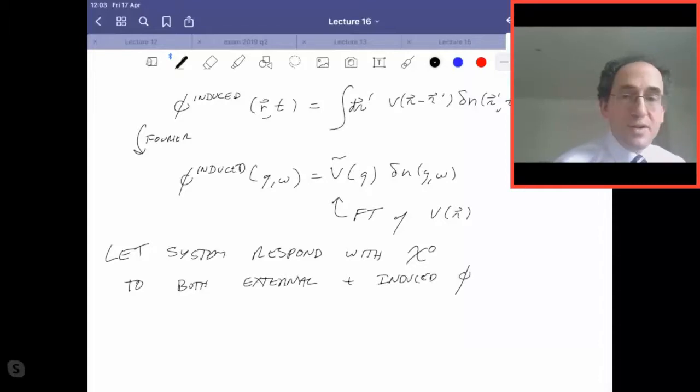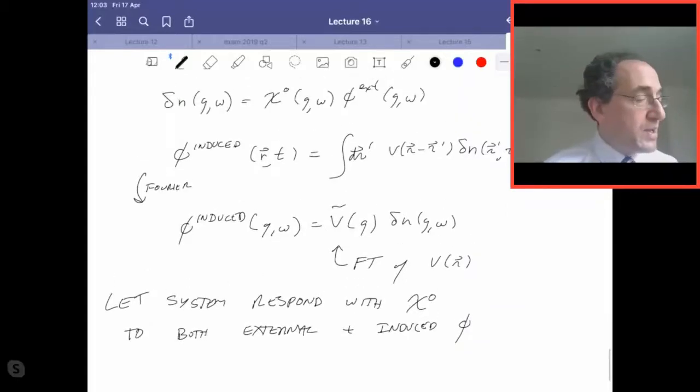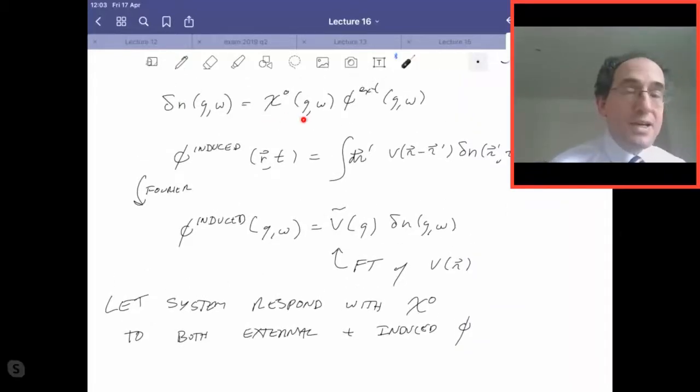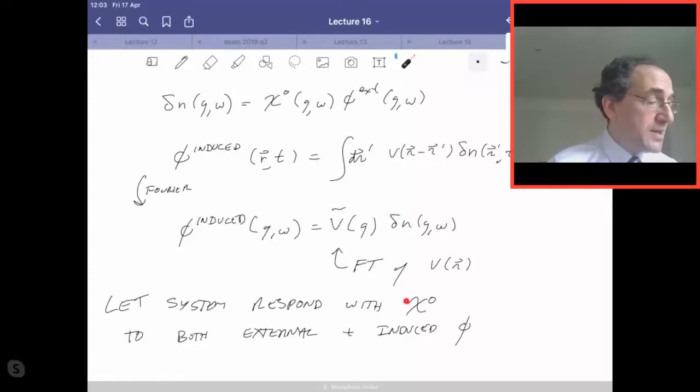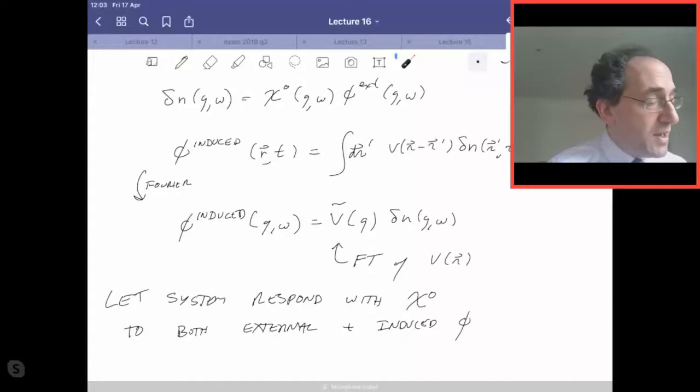Okay, so this is the trick we're going to use. We calculated the non-interacting response. Then the non-interacting response builds up some potential, and the potential builds up some density. The density gives an induced potential, and we're going to let this system respond with this chi naught to both the external and the induced potential.